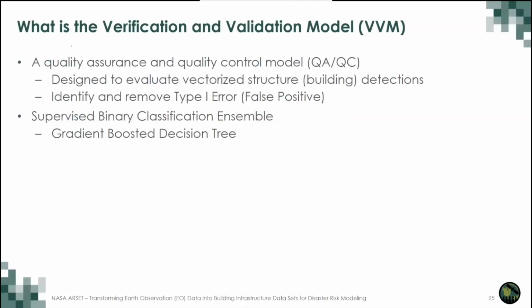So this could maybe be a rock or just some sort of polygon that was generated by the neural network that doesn't represent a structure. It is a supervised binary classification ensemble. And for those of you who have a data science background, the actual algorithm that I use is called a gradient boosted decision tree.